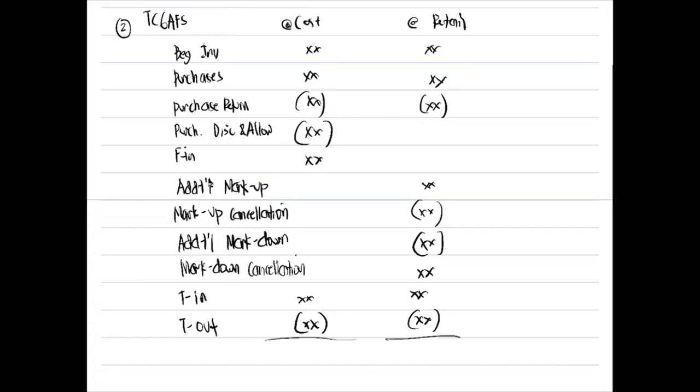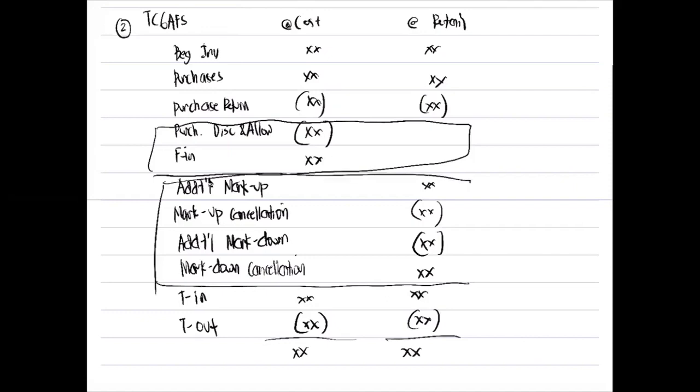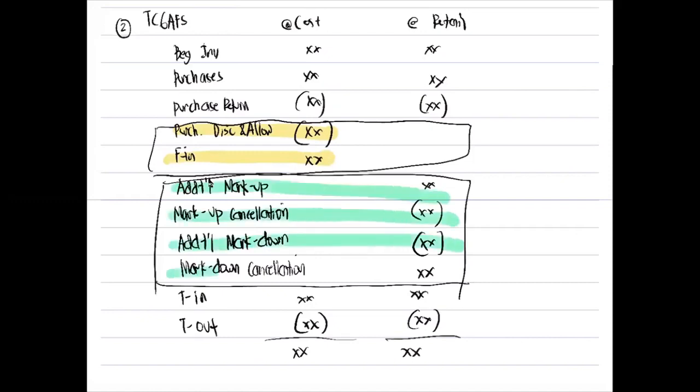After that, we can already compute for your total cost of goods available for sale at cost and at retail. Take note guys, the differences of these items. So kung saan lang sila present. So here, purchase discount, allowance, and freight in are only applicable to cost. Additional markup, markup cancellation, additional markdown, markdown cancellation, you place it at your retail. Guys, para hindi kayo mapakaraming iisipin na items dyan, kunin nyo na lang yung net markup at net markdown.